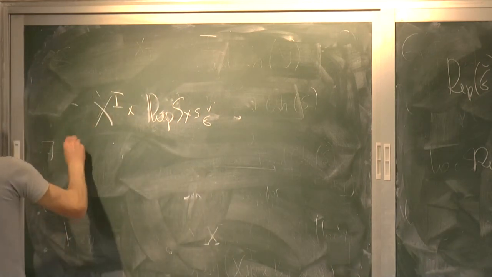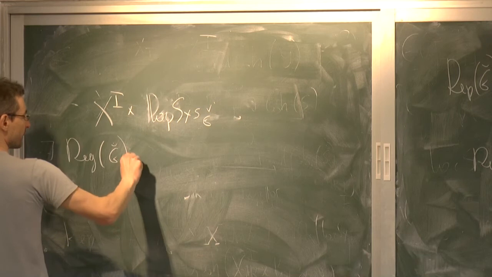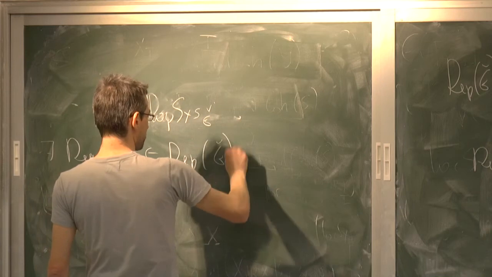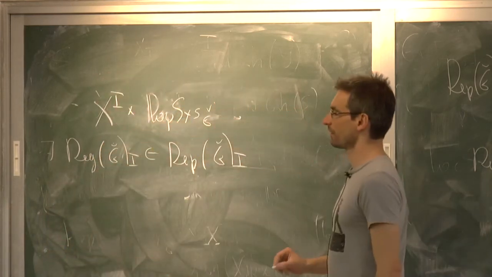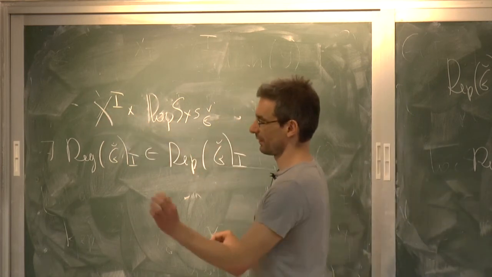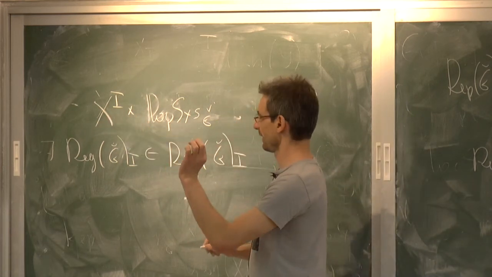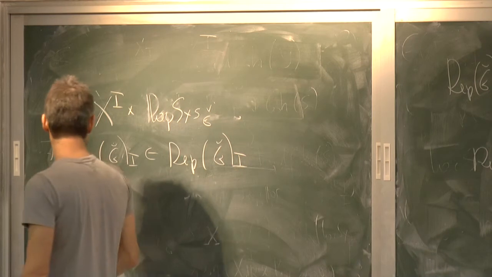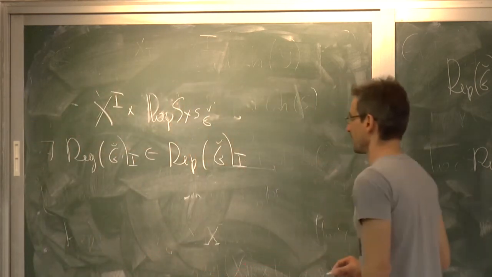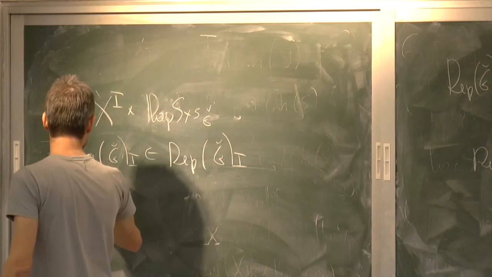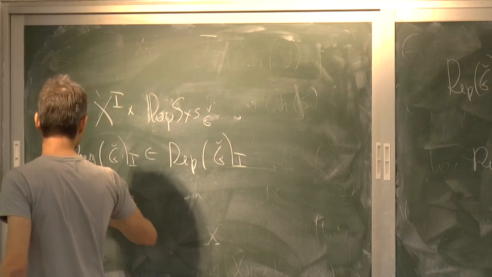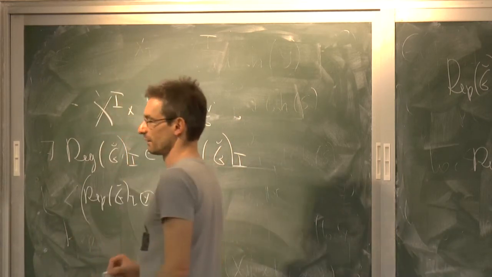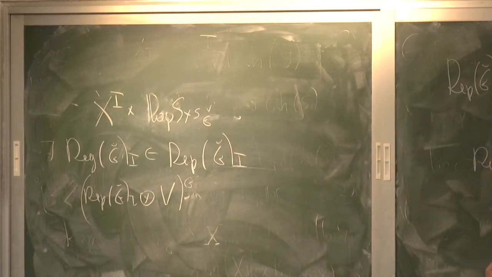There exists, let me call it reg G check I. It will be an object in this category, and it looks as follows. If you take distinct points of the curve, it will be I times the regular representation twisted by a local system. Then you can construct the functor as follows: you take reg G check I, tensor with the object of your category and take invariants. This is an algebra in your category, and then it's a factorization algebra.